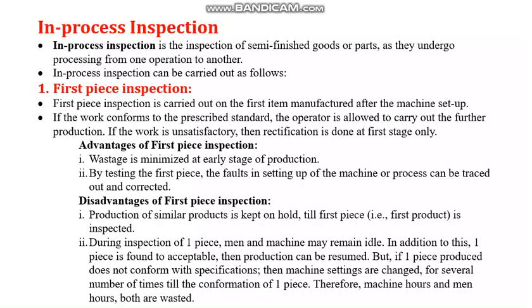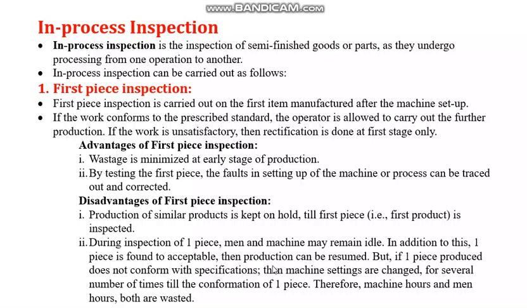No further production is going on, people are sitting idle. During the inspection of one piece, machines may remain idle. That means they are not doing any work. If that one piece is found to be acceptable, then production can be resumed.